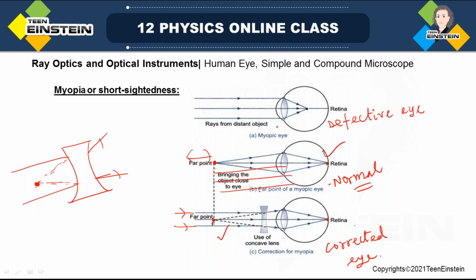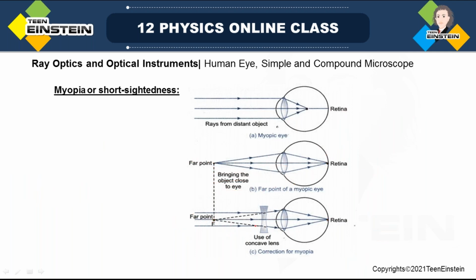I'll just clean everything and look at this part. The parallel rays come in, and after refraction they go like this. If you retrace them back, they will produce a virtual image, and this virtual image is produced at the focus of this concave lens.